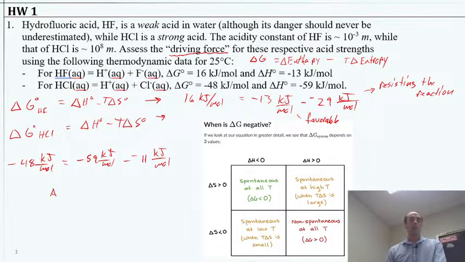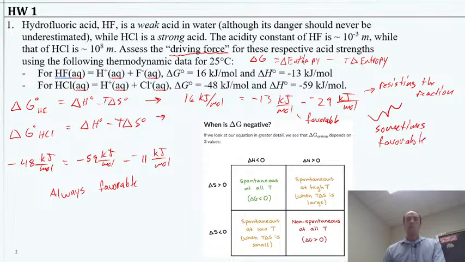So in sum here, we could say this is sometimes favorable, but we have some resistance based on that entropy. Okay, does that make sense?